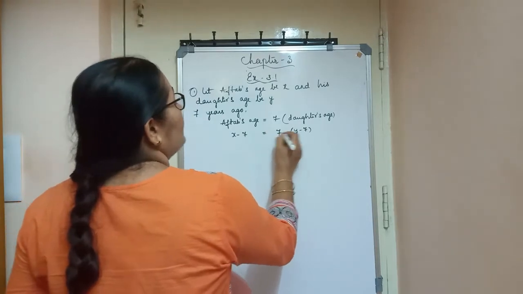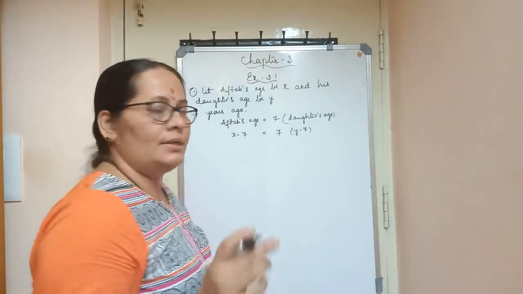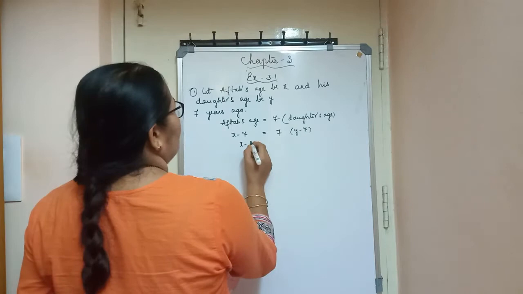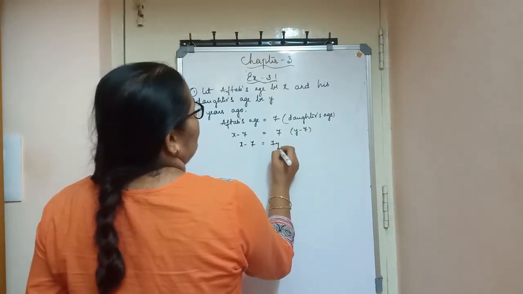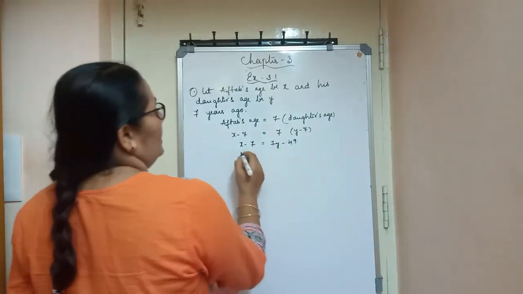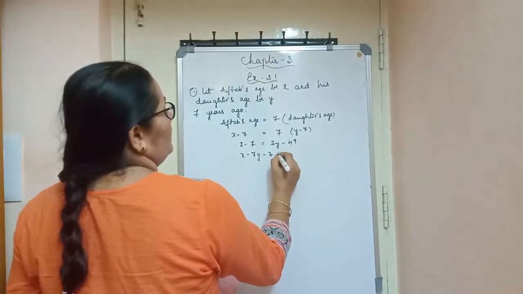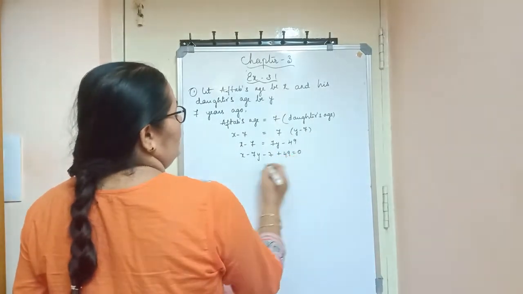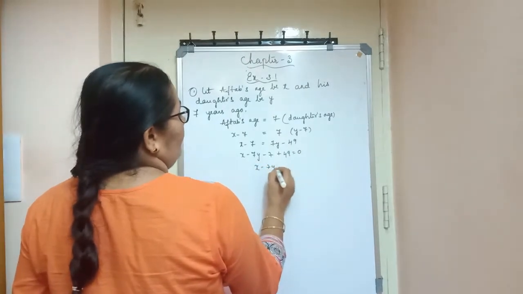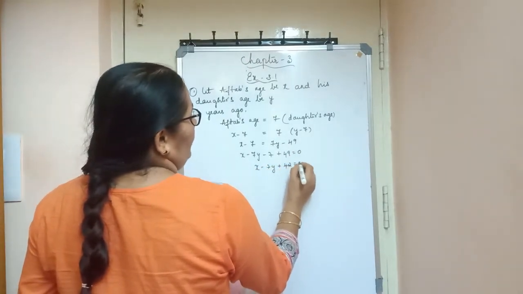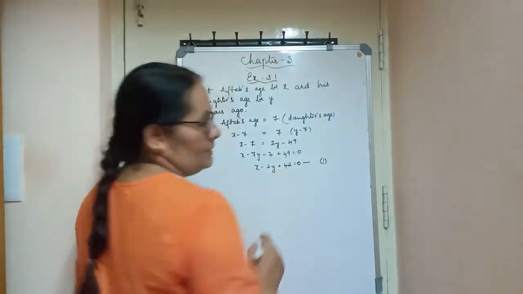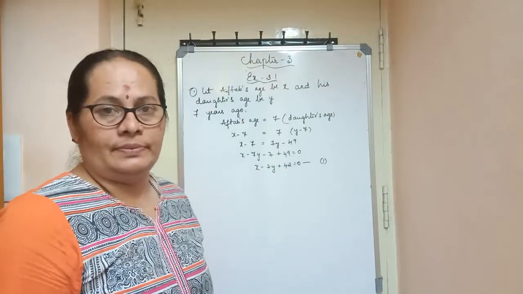But it is 7 times his daughter's age. So X minus 7 equals 7Y minus 49. X minus 7Y minus 7 plus 49 equals 0. So X minus 7Y plus 42 equals 0. This is the first equation.